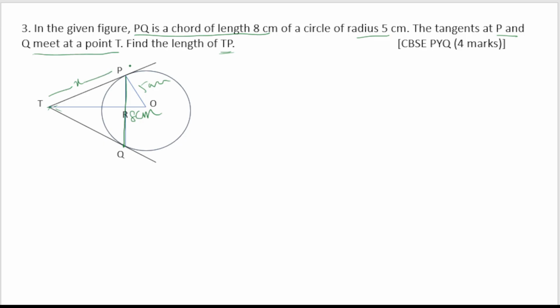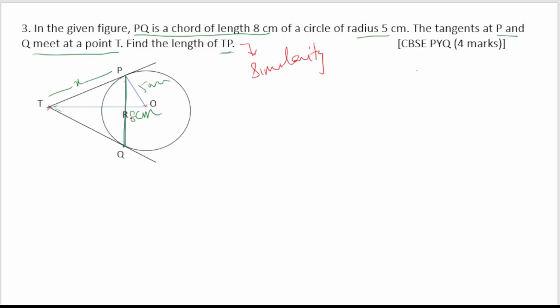See, we have done this problem in previous sessions also. This is very important. How do you do this kind of problem? If any side of a triangle is asked, then you have to apply the similarity of triangles property. See here, OT is a line joining the external point T and the center.